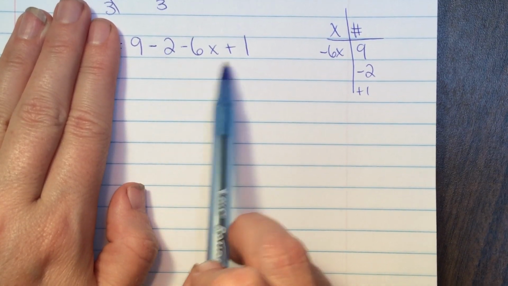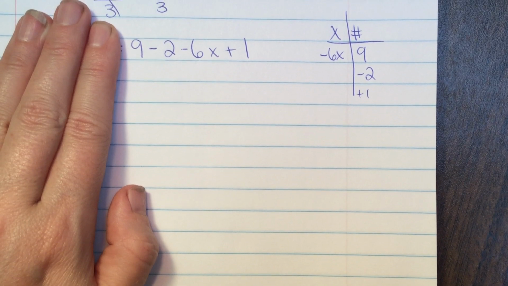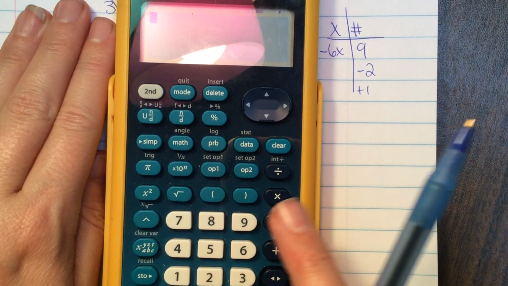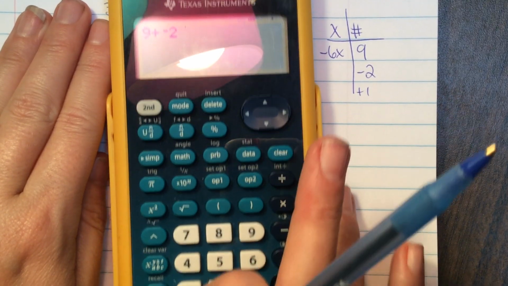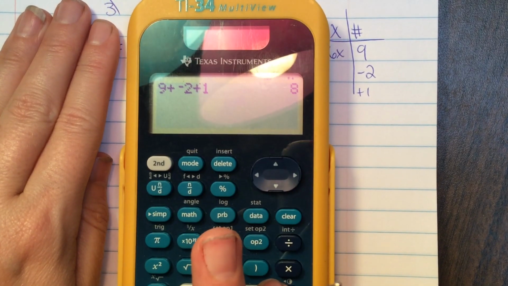All 3 of these would go in the numbers column. So all 3 of those can be combined. So let's see what they add up to be. 9 plus negative 2 plus 1. And that makes it 8.